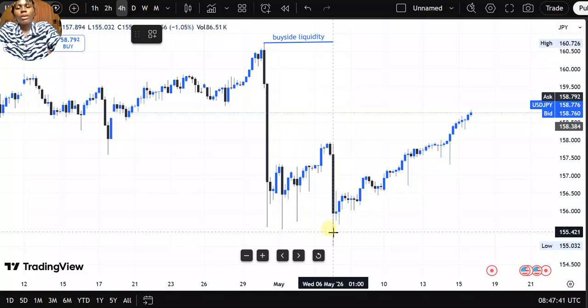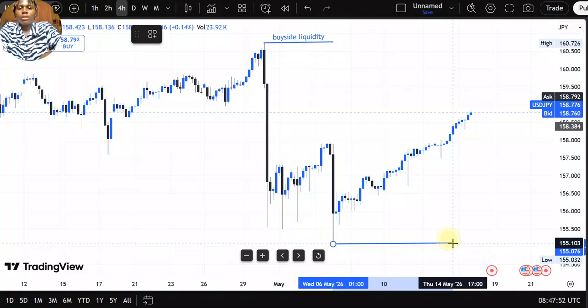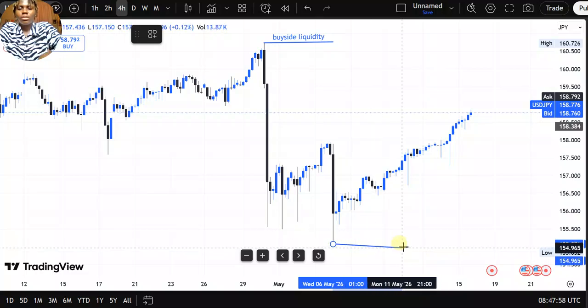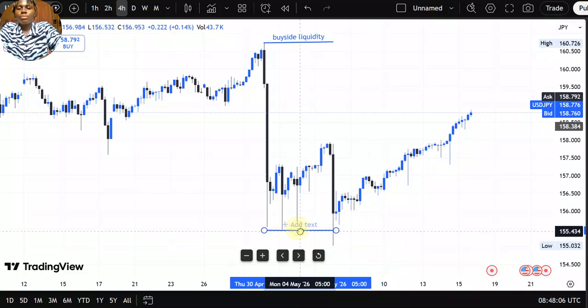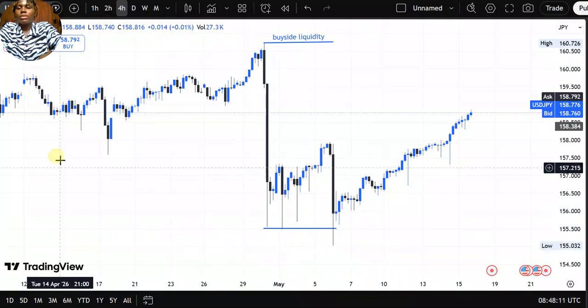We could consider here, or we could consider here, but I like to consider here. Both sides have liquidity, but let's just use there. I think we should use here. And then there's the sell side liquidity.